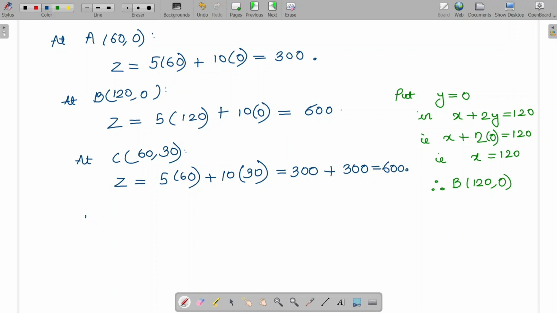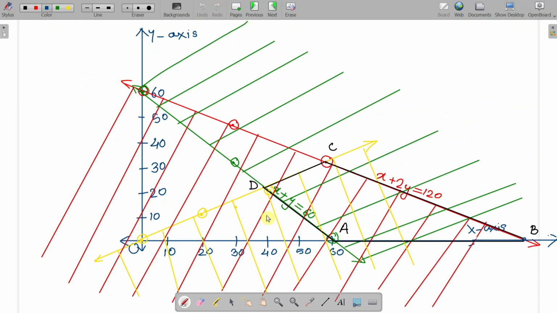Okay, now at the point D, you can see it is 40 comma 20.